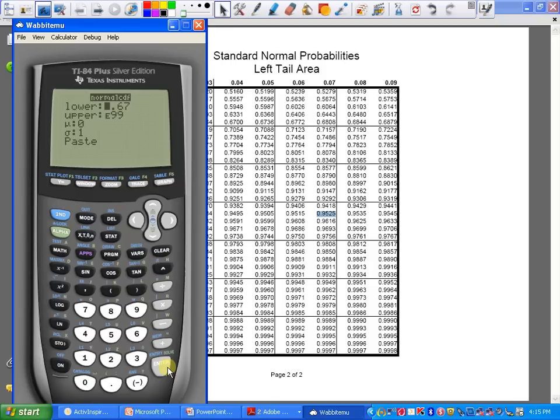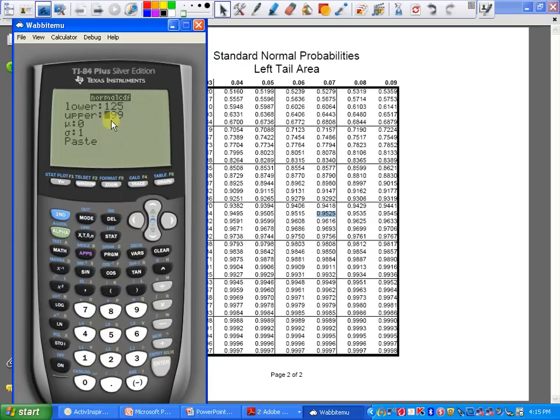Now I'll also show something else here. If you work with raw scores, and sometimes you're going to be asked or forced to find the z-score anyway, so this won't be as helpful, but it always is a good way to check. You can work with raw scores. So our lower score, we want 125 or greater, so let's call that 125. Now we're working with IQ scores, not z-scores.